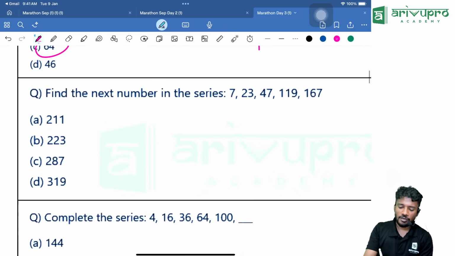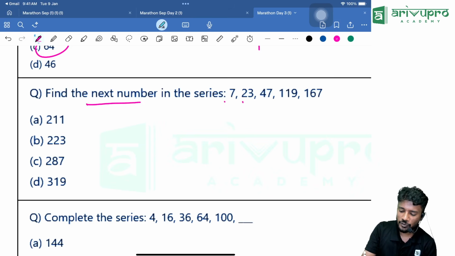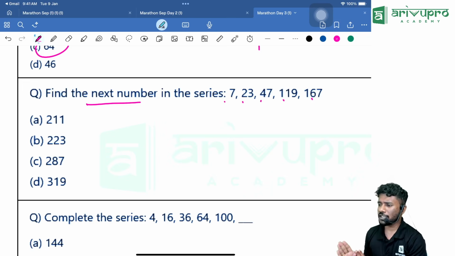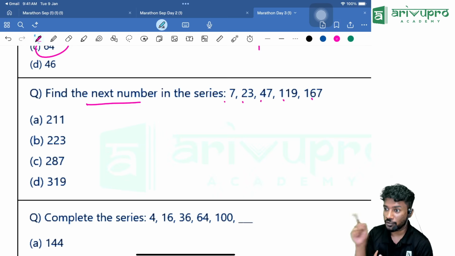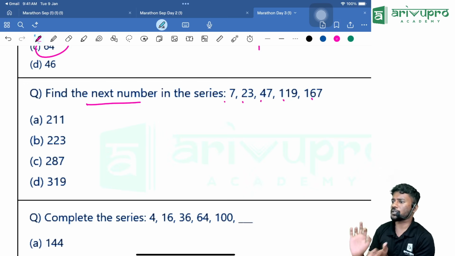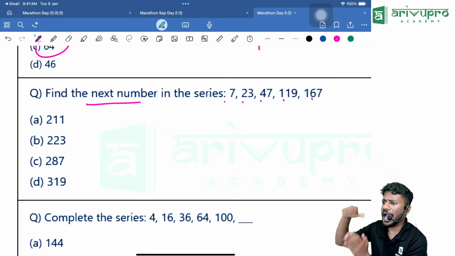Now look at this. Find the next number in the series. 7, 23, 47, 119, 167. What is happening here? Whenever you see 7, 23 and all, you should think of 24, which is revolving around 5 square. 5 square is 25. That means they might have taken the square and reduced something, or taken the square and added something.